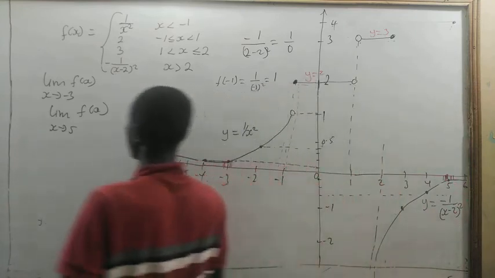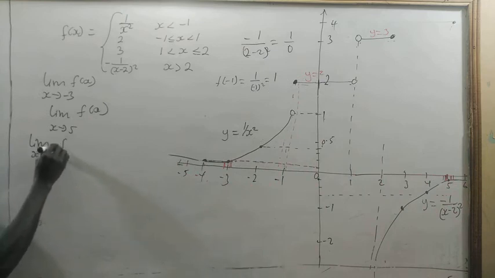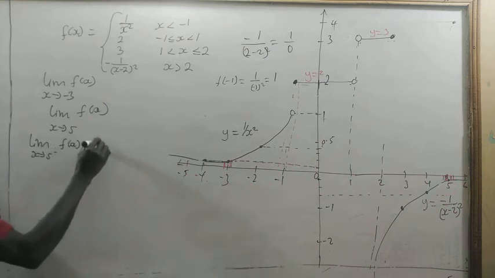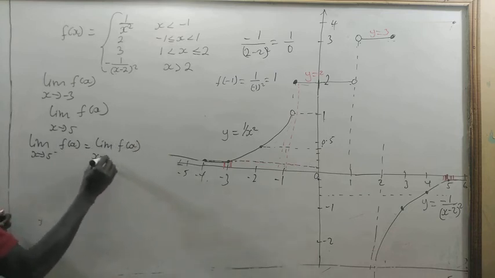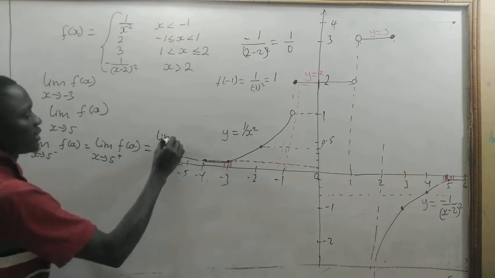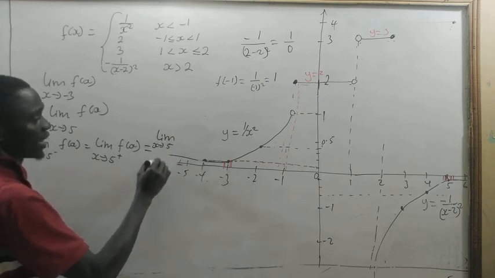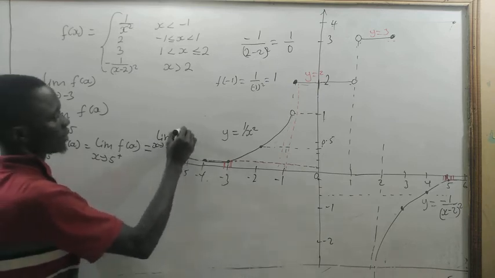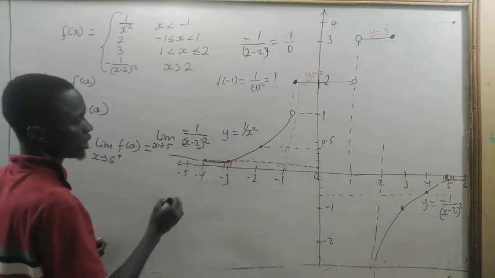So this is the limit as x approaches 5 from the left of f of x, which is equal to the limit of f of x as x approaches 5 from the right. And that is the same as the limit as x approaches 5 of negative 1 divided by (x minus 2) all squared.